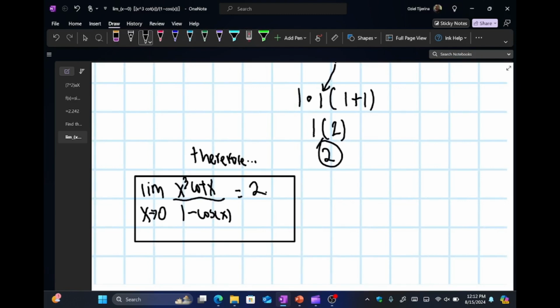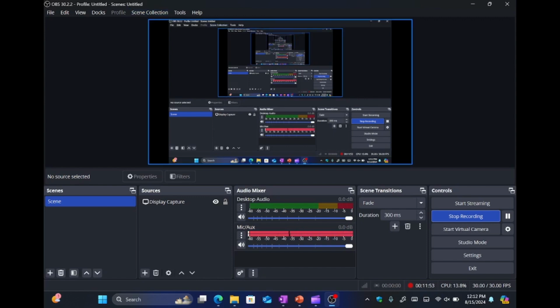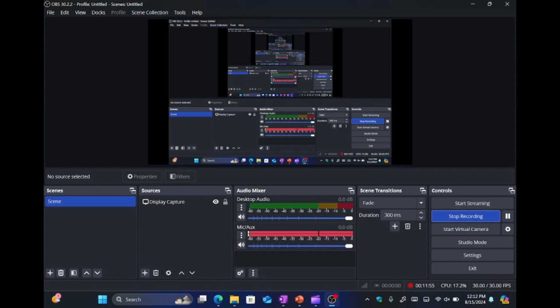As you can see, this is a tricky problem. It's a little bit difficult, but you just have to use your trig identities and limit rules, mostly when it comes to doing limits of trig functions, as well as the idea that the limit as x approaches 0 of x over sine x is 1.